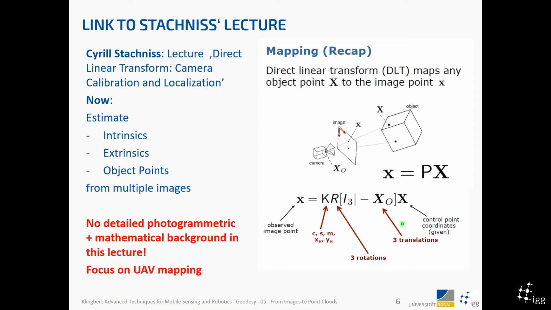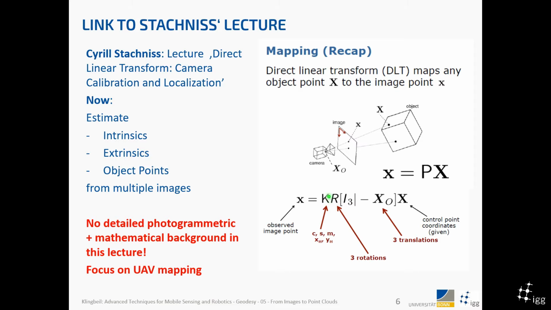And on the way there are many parameters that we need to know. And these are the 3 translations and 3 rotations of the camera, so that they are the so-called extrinsics of the camera, so where it is in the world and where it is looking to. And then the other thing are the so-called intrinsics.